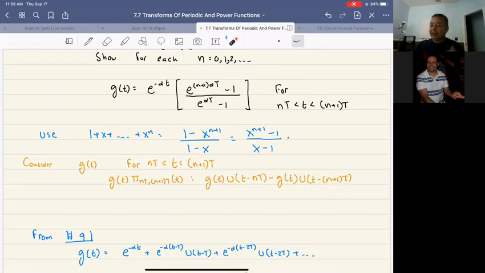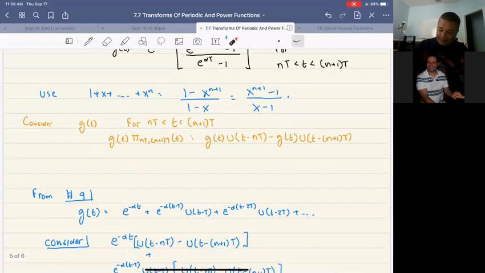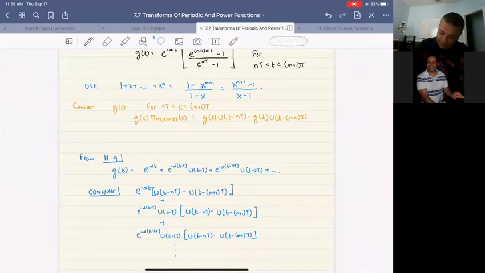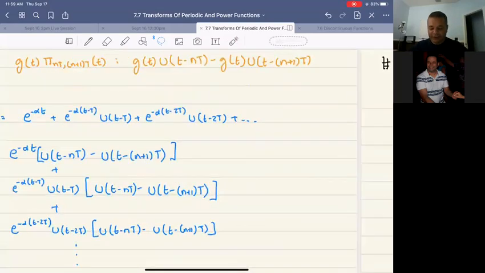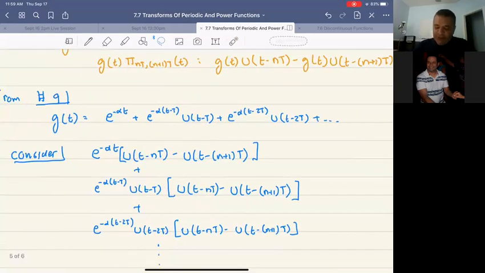So now we're taking our solution from number 9, so that was this infinite geometric series, with the window functions t minus kt.